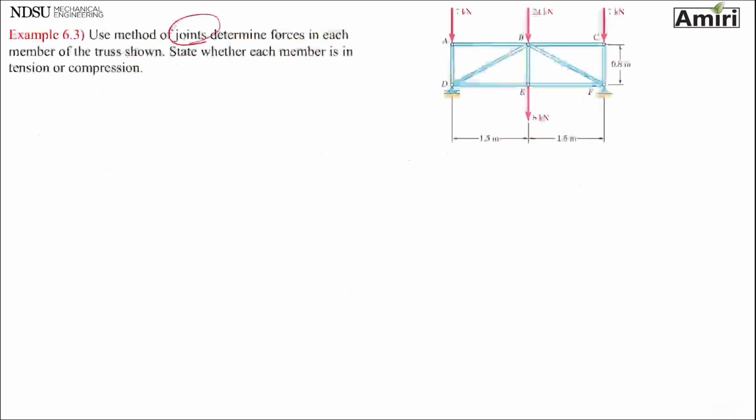So what do you see in here that makes it not a symmetrical truss? Yes, if you look at these, this is a roller, this is a pin, and those have different reaction forces. So this is not symmetrical. But let me find the reaction of supports here.